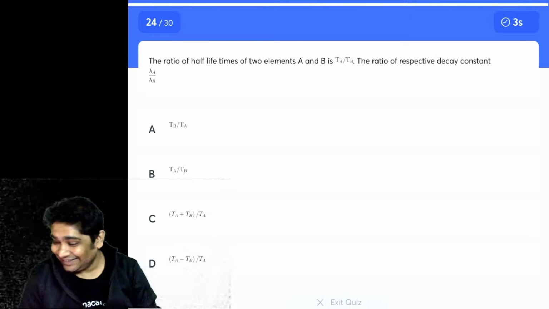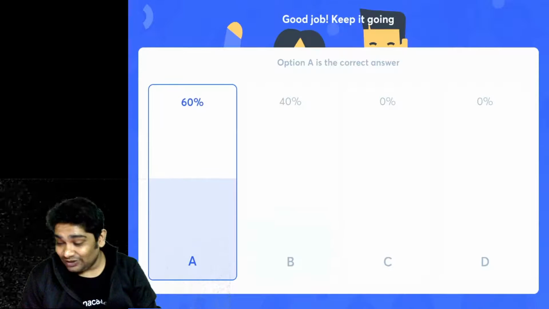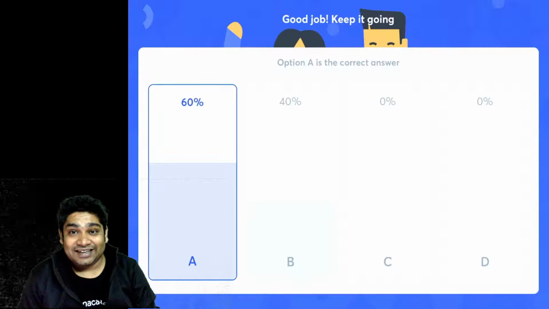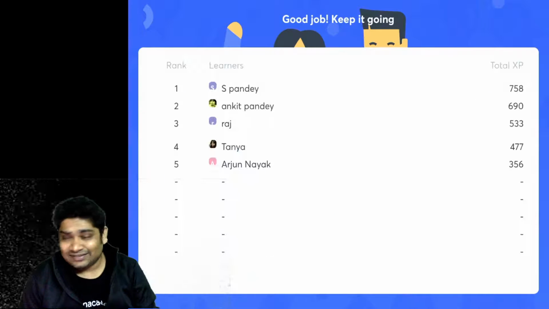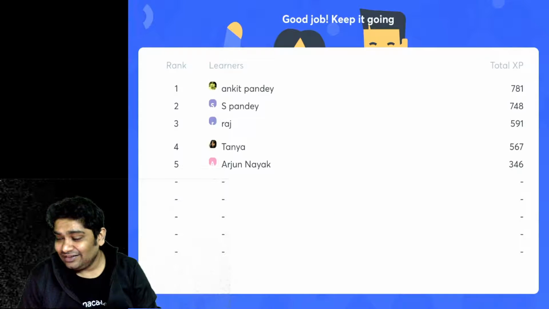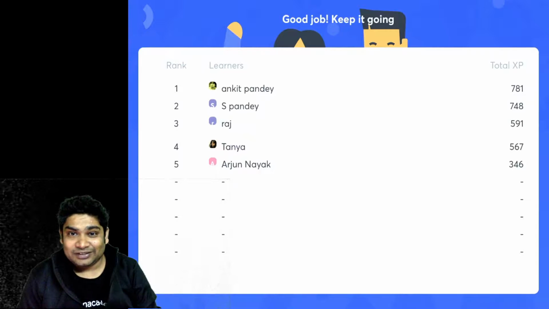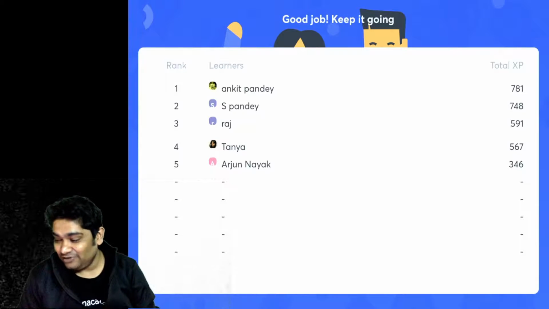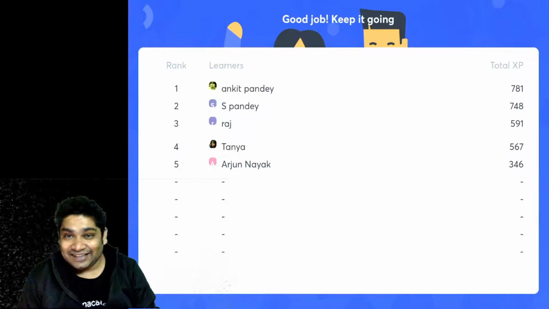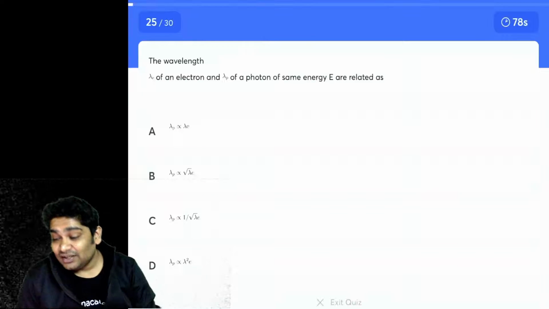Okay, time up. 60% of you got this right. 40% of you got this wrong, which is very, very surprising. How can you guys get this wrong? This is super simple, right? I don't know what you guys are doing. Anyhow, let's move on to the next problem.